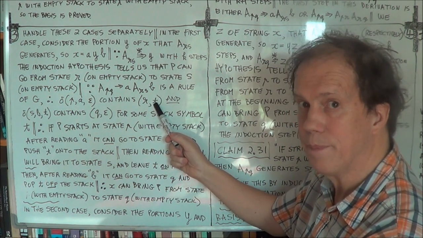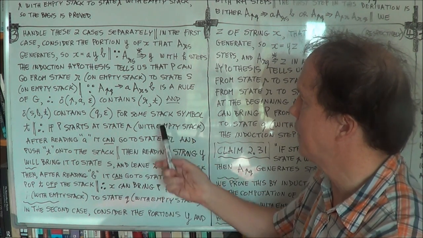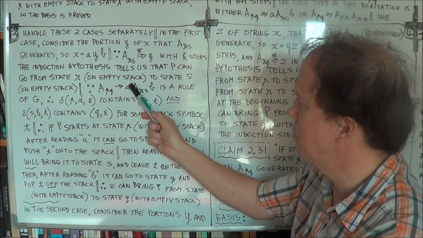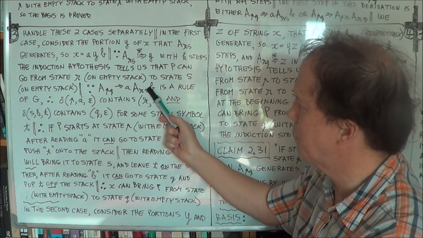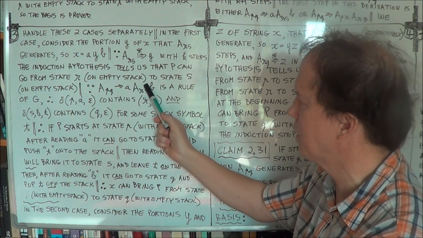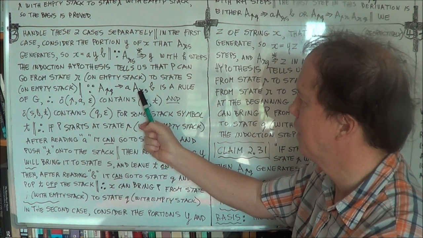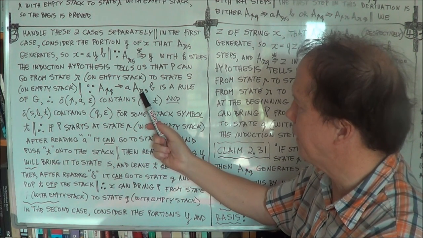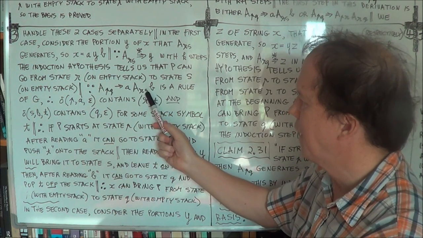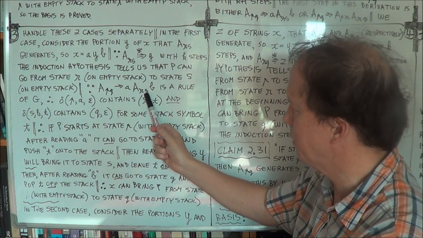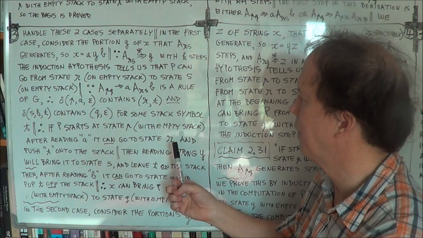Okay. Now we assume here, if we keep substituting, this will eventually give us a string such that with the PDA, the final state will be S, with an empty stack.